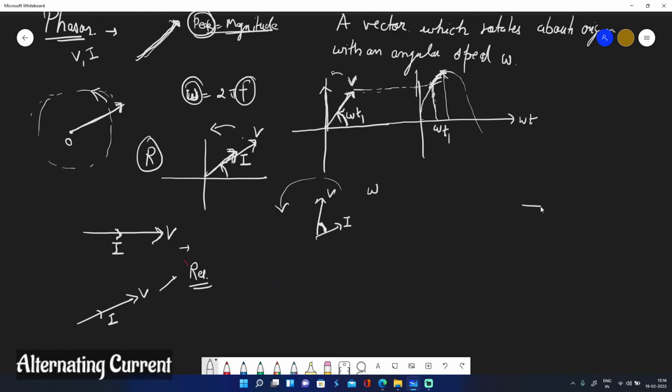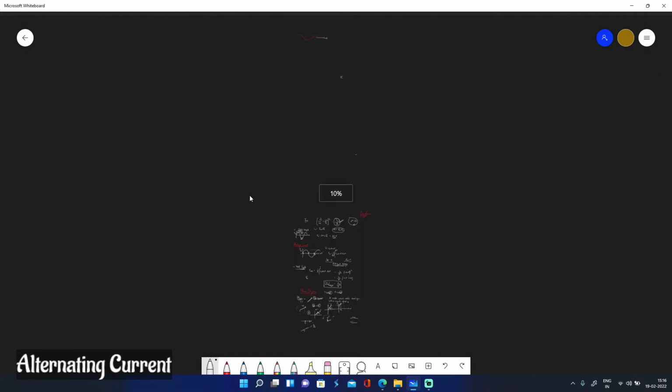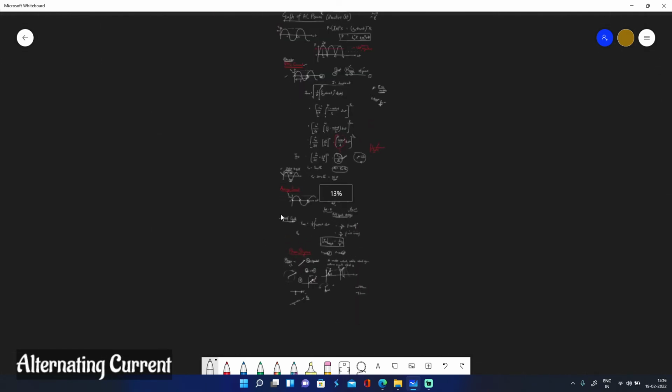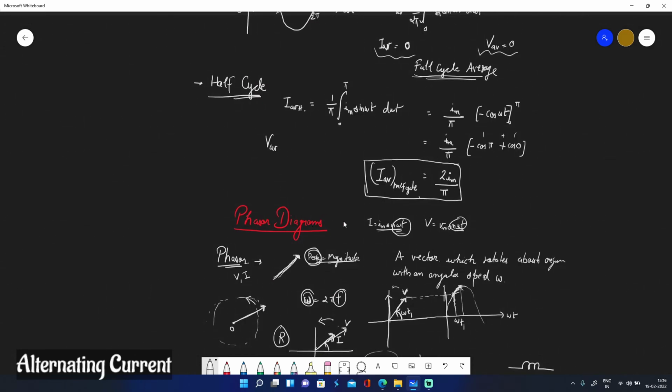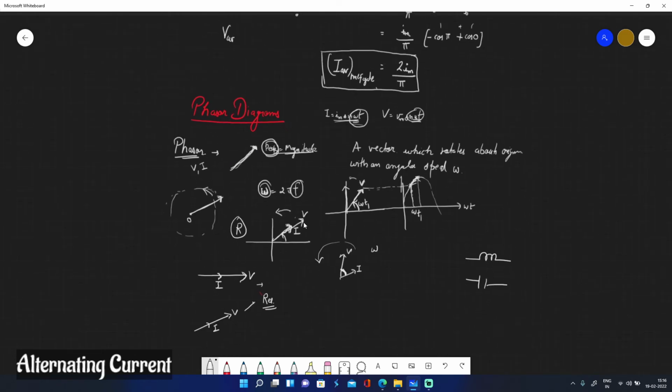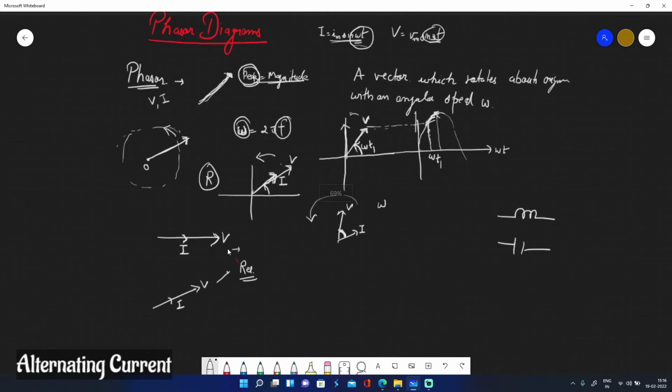When we talk about inductive and capacitive circuits, we will not be observing this kind of behavior, because there will be some phase difference between voltage and current. All in all, you need to understand what phasor diagrams are. These are nothing but phasor diagrams only.